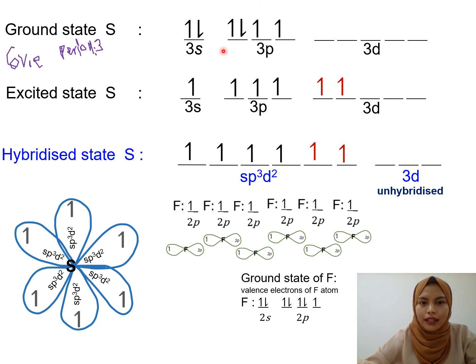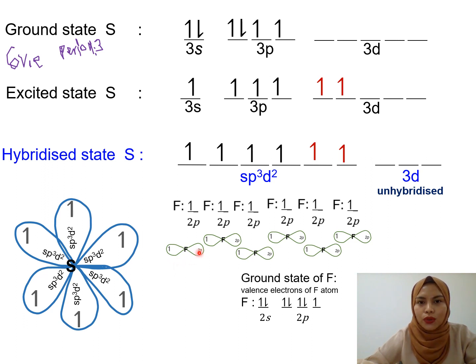And next ialah bila you tengok molekul SF6 tadi, you tahu molekul SF6 tu you ada 6 sigma bond, kan? Sebab you ada 6 single bond yang you form between sulfur dan juga fluorine atom.